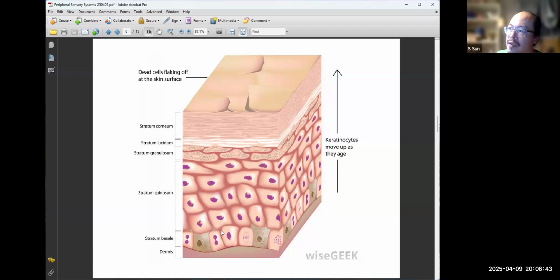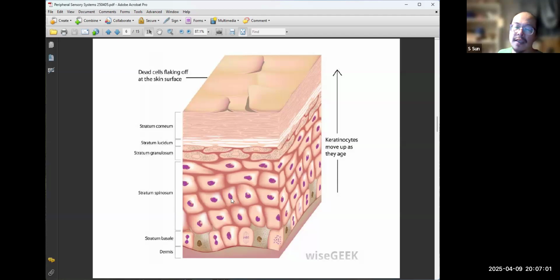So when they get pushed up, they are further away from the dermis, they lose the oxygen supply, they lose the glucose supply, and they will die.